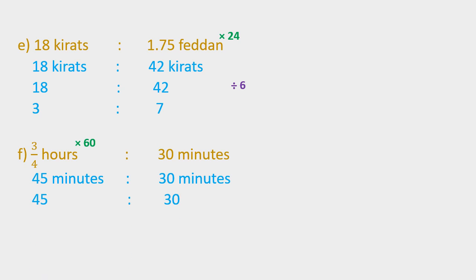Then we have the ratio 45 to 30. 45 and 30 are divisible by 5. 45 divided by 5 equals 9. 30 divided by 5 equals 6. 9 to 6 is not in its simplest form. We can divide the two numbers by 3. 9 divided by 3 equals 3. 6 divided by 3 equals 2, and it's a ratio in its simplest form.